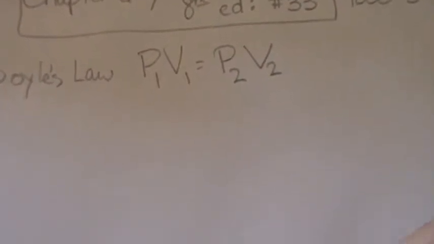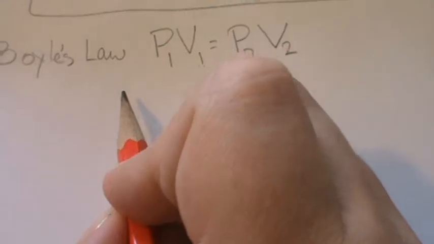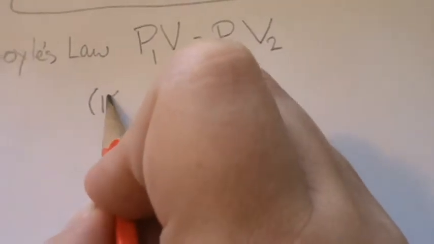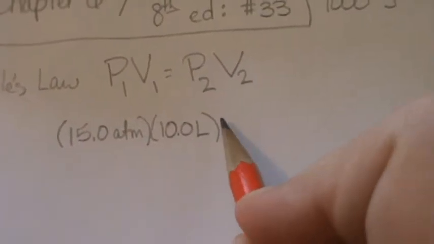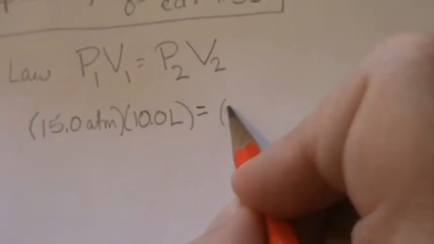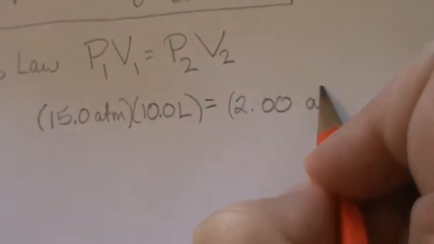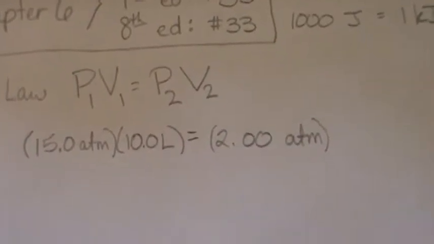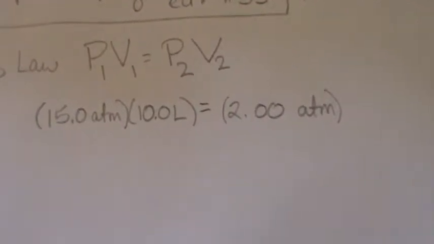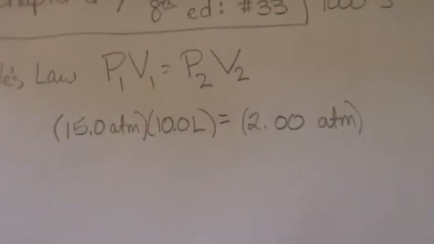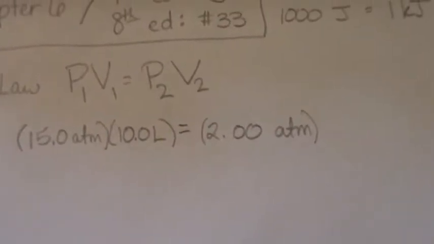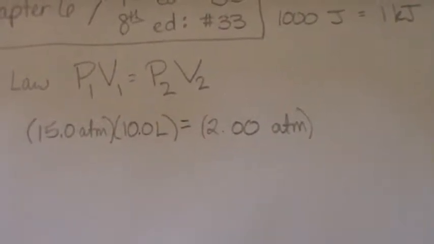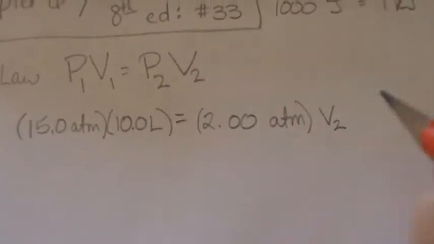So our P1 and our V1 are going to be the 15 atmospheres and 10 liters from our initial, and our P2 is going to be the 2 atmospheres that we're allowed to expand against. If the external pressure is 2 atmospheres and the gas is allowed to expand, then it'll expand until the internal and external pressures are the same. So that'll end up being the pressure that we're going to use with work as well. And then we're solving for V2.